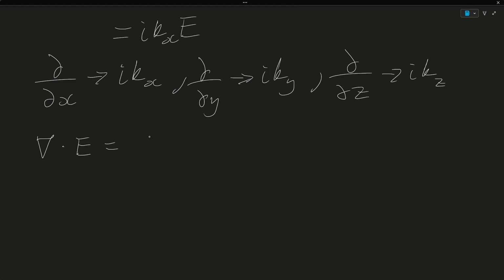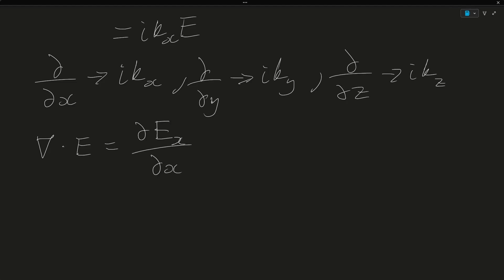So, well, the full definition of the divergence of some field F is the partial of all the different axes. That's the word I'm looking for.